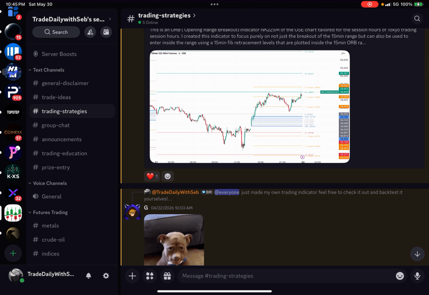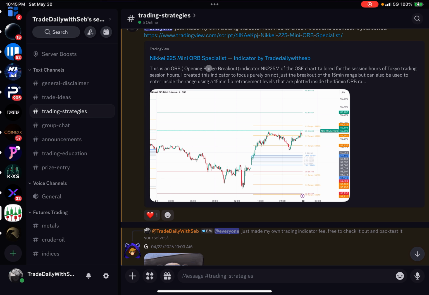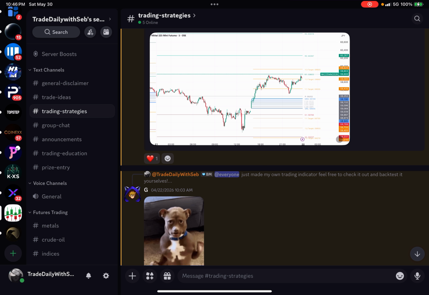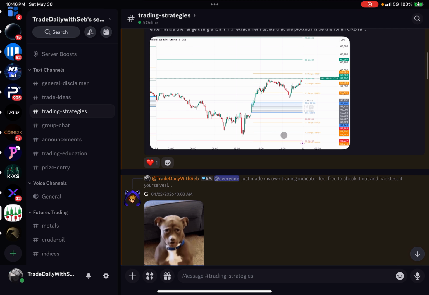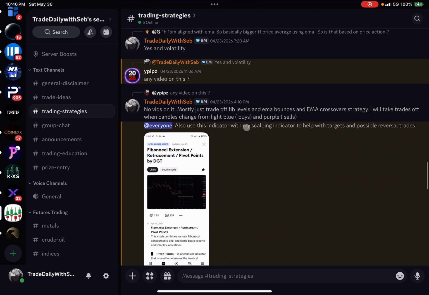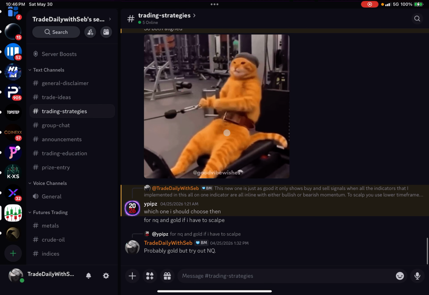Now that one's not the Nikkei T25 Mini ORB Specialist. Now that's the multi-session ORB Specialist. Because now it gives you not just Tokyo session, it gives you Tokyo session, it gives you NY, and it gives you London. So it gives you all three of the major sessions that you can trade using ORB, as we saw in my chart. You can use, and I created that IB indicator.